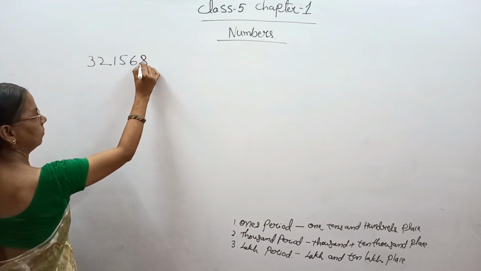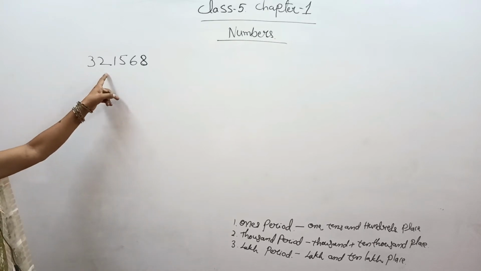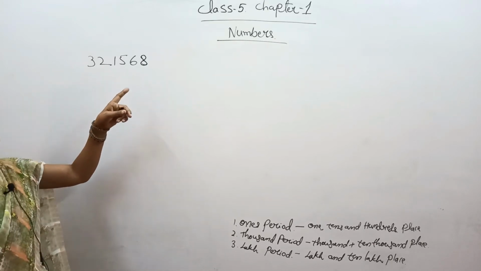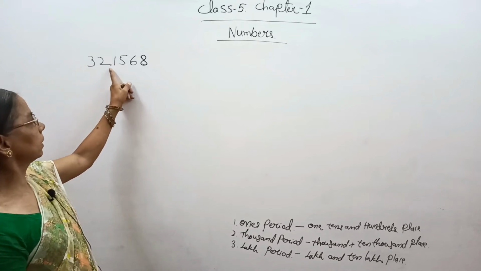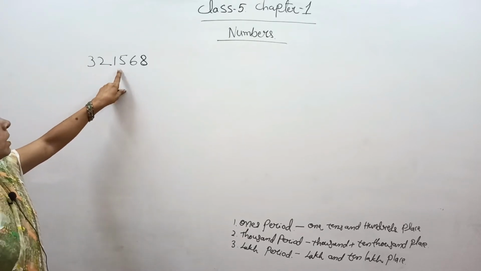If we have these numbers, then we cannot understand how we will count them, or what is the place value of 3, of 2, of 1.